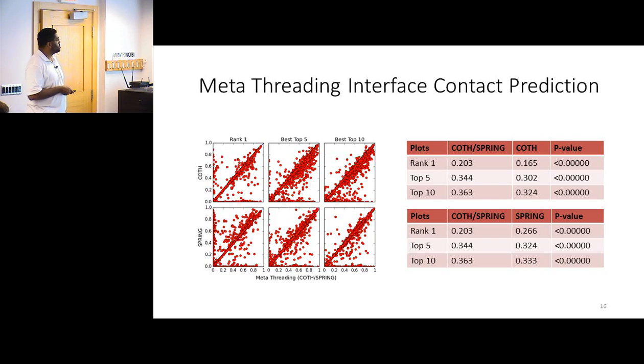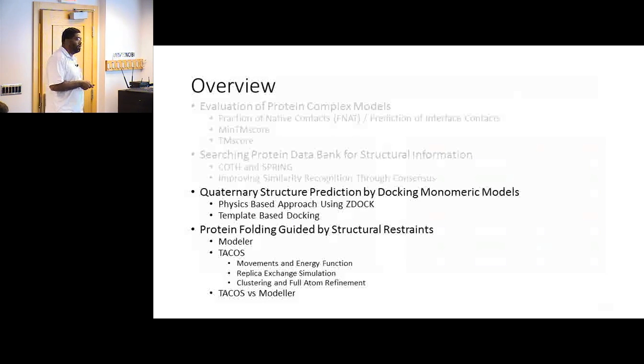Okay, so the next part here is we want to see how worthwhile it was to actually go forth and develop a threading program. There's a very popular program here called ZDock, and it's for docking protein chains.